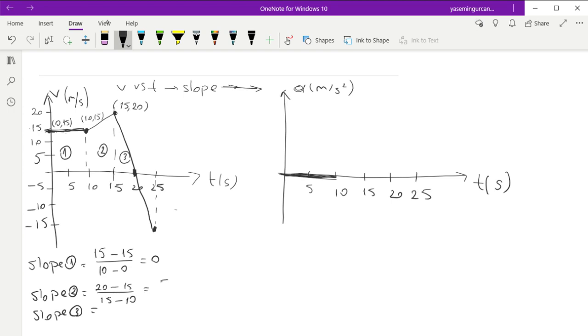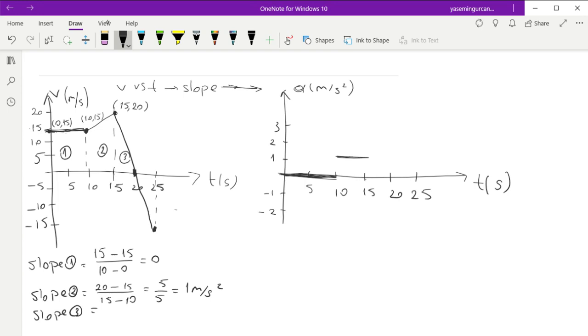So you have 5 divided by 5, so you get 1 meter per second squared. So from 10 seconds to 15 seconds, if you put 1 here, 2, 3, minus 1, minus 2, then from 10 to 15 seconds, you're going to have basically 1.